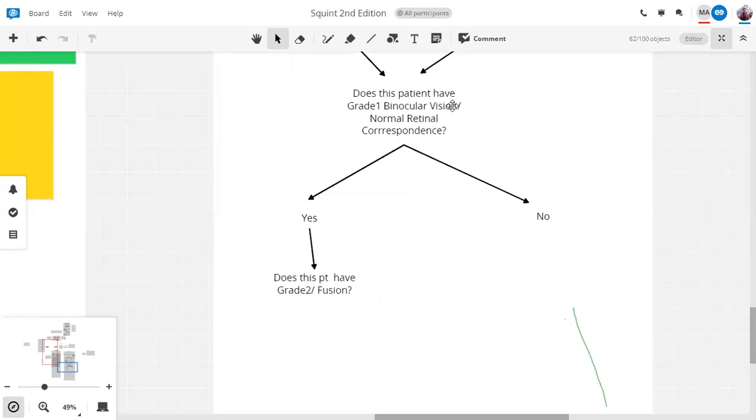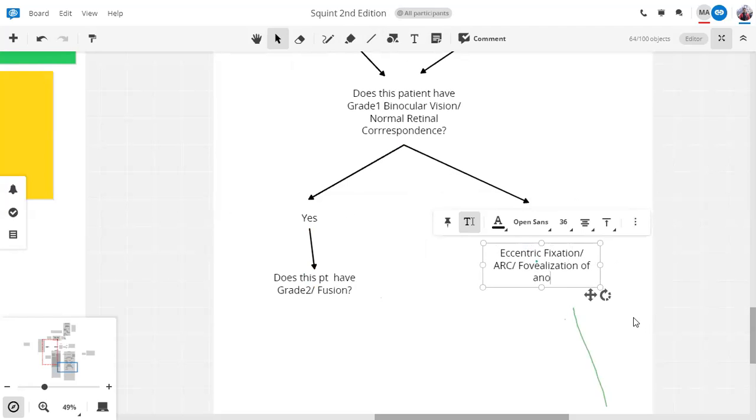But what if the person does not have normal retinal correspondence? इसका मतलब ये है कि this patient has eccentric fixation. This patient has abnormal retinal correspondence. This patient has fovealization of another part of the retina.